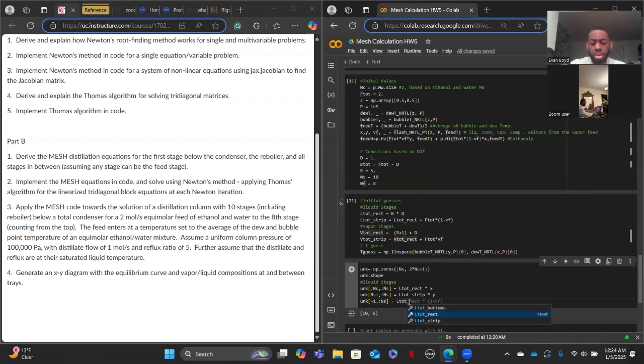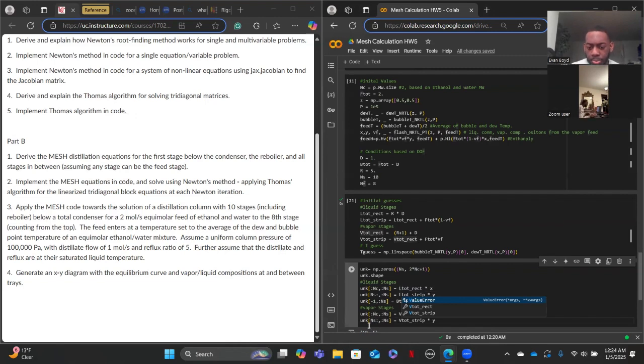Liquid totals, stripping, it should be B totals times our liquid composition. Okay. All right. Next we do our vapor, which we can just copy and paste now. And they'll be the same thing, but just changing out. Okay. And everything else I think stays the same in here. Oh, let's put C here. There we go. All right.